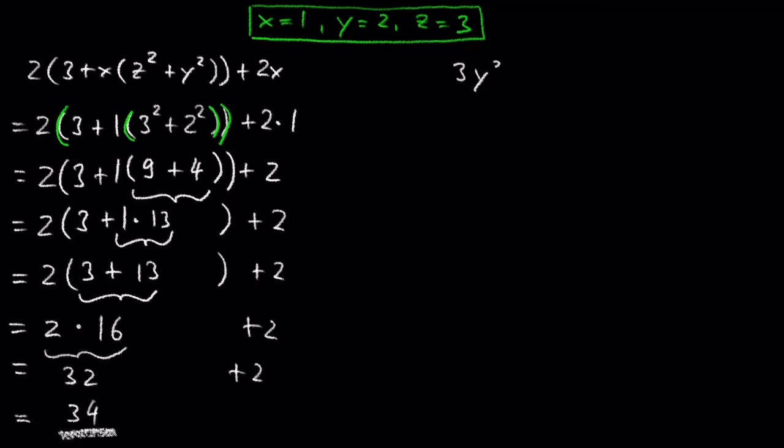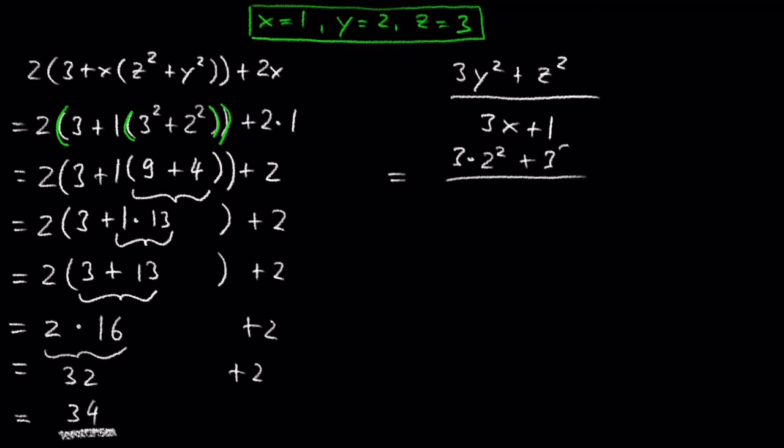Three y squared plus z squared over 3x plus 1 is equal to 3 times 2 squared plus 3 squared over 3 times 1 plus 1. 2 squared is 2 times 2, which is 4.